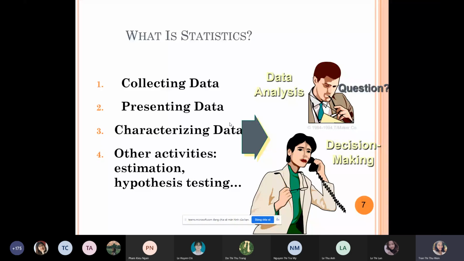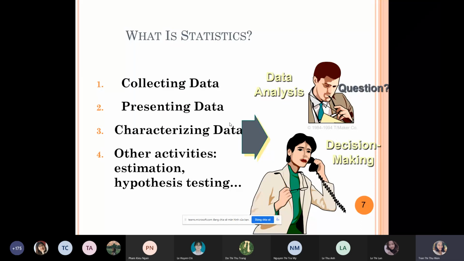The information provided by collecting, analyzing, presenting, and interpreting data gives managers and decision makers a better understanding of the business and economic environment, and thus enables them to make more informed and better decisions.